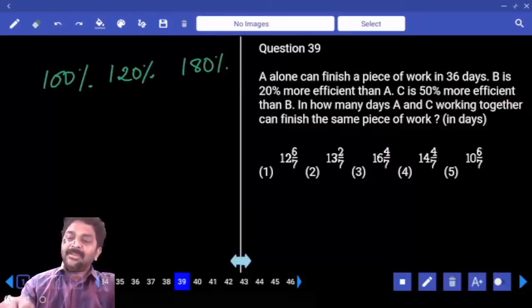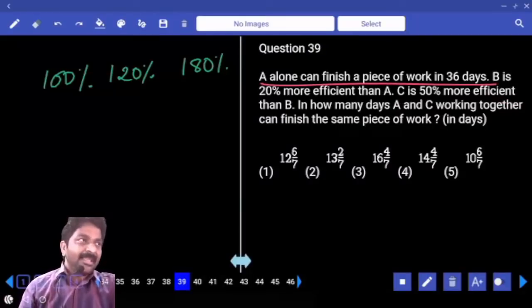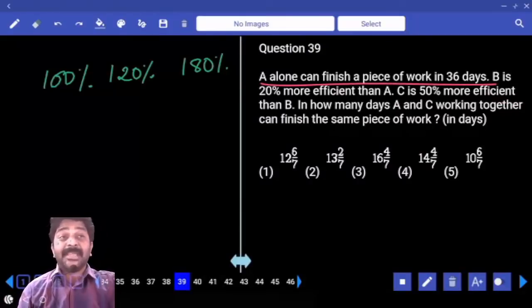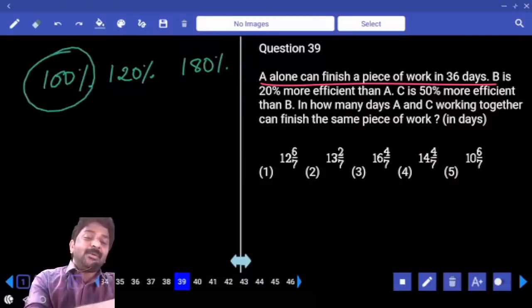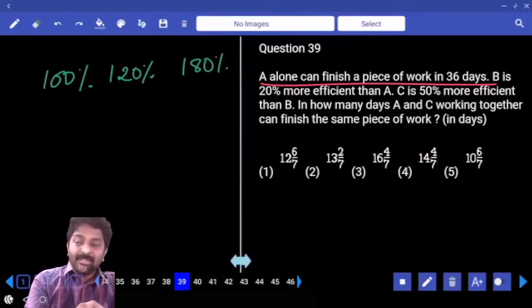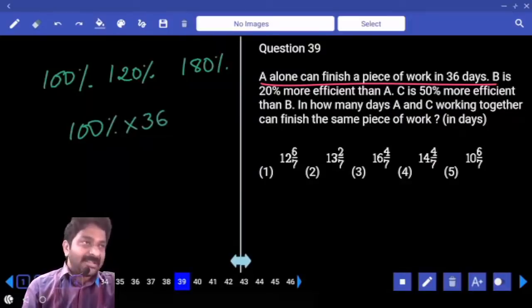You have information regarding A. A alone can do the total work in how many days? A alone works with how much percentage of efficiency? So working with 100% efficiency, he needs 36 days. This is the total work, correct?